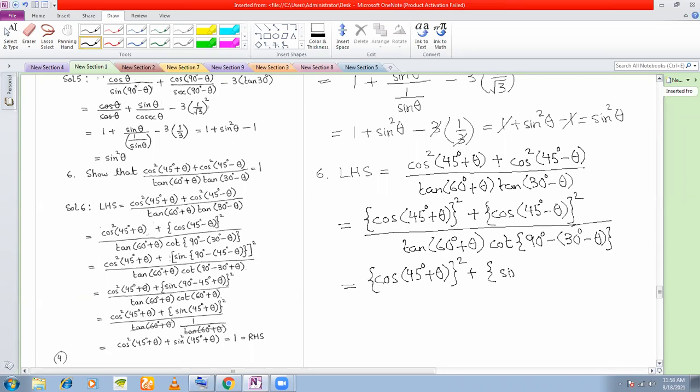If you change this to sine, you will have 90° minus 45° minus theta. Okay, you can give curly brackets here, and you can give box brackets here.